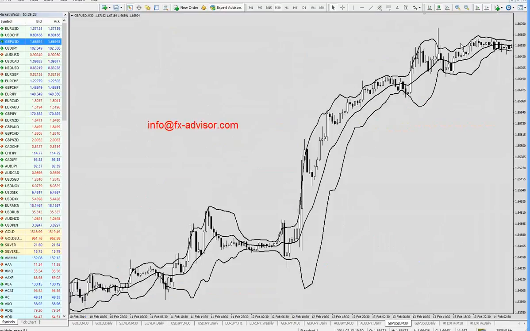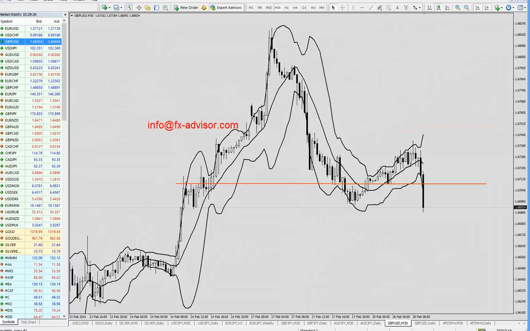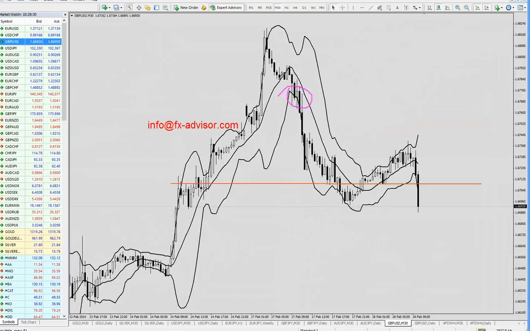Yesterday we were here, and we mentioned that we were expecting some bounce, and we were looking to sell around the Tokyo high. Unfortunately, it didn't happen.